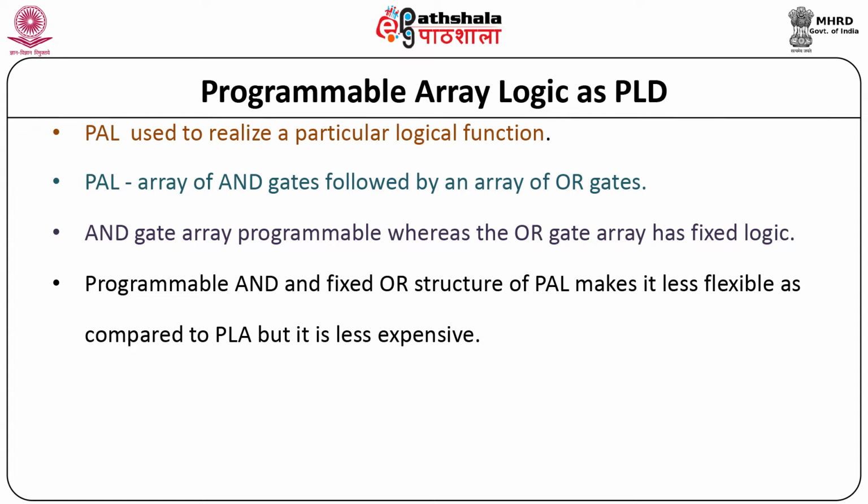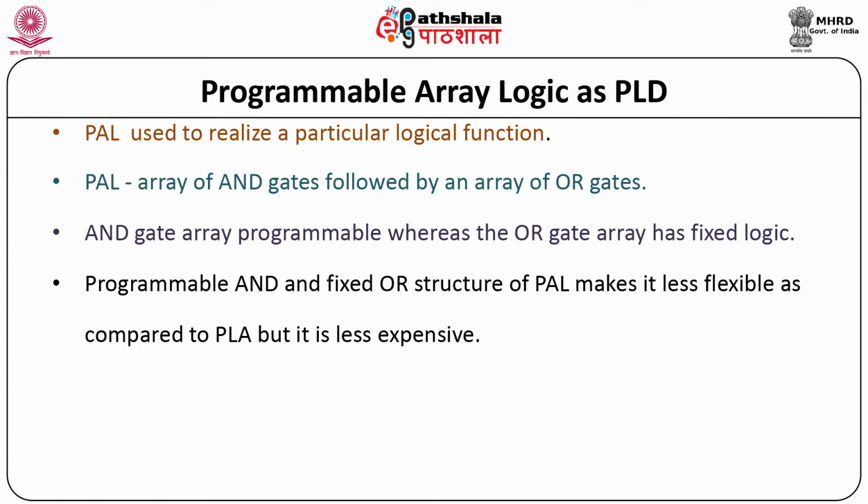For programming the PAL, the connection matrix must be programmed first. It allows user to decide connection between input lines and AND gates. It is also important to note that each and every input line must be connected to either single or multiple AND gates depending upon the requirement.